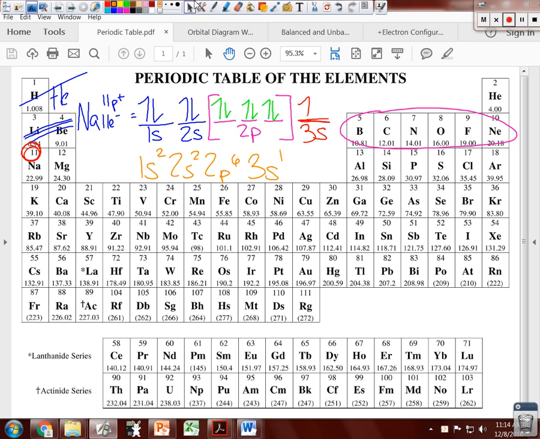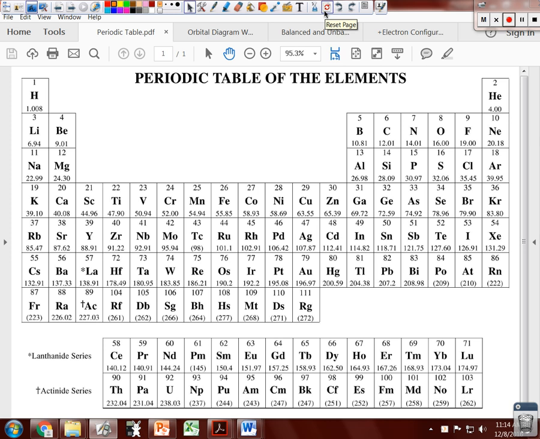I want to see if you can do the electron configuration, the superscript version, without the arrows. I want to see if you can do it for sulfur.